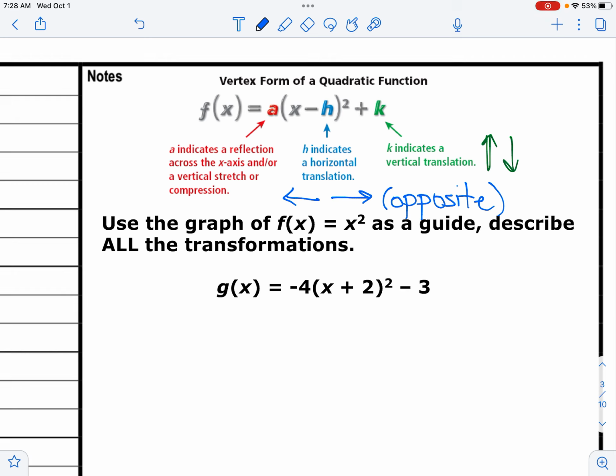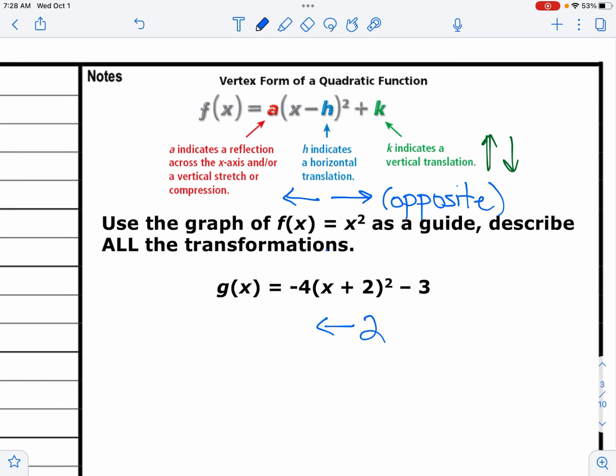So if I look inside the parentheses here, that is what is being squared. And whatever's inside the parentheses is going to be your horizontal translation, okay? So this means right or left. Well, when you see plus 2, you normally think, well, that's to the right, because positive is to the right. But it's not. It's actually left 2.